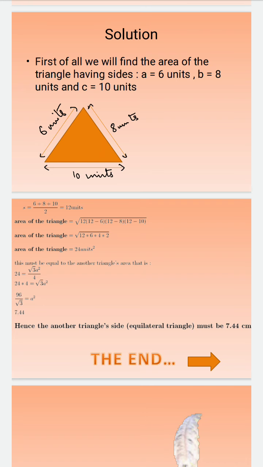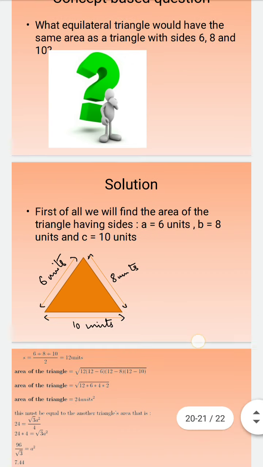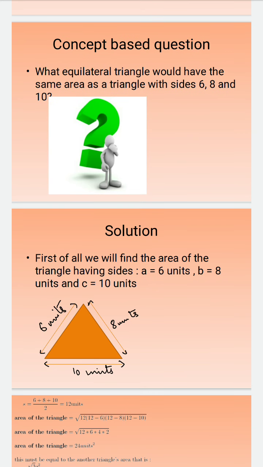So once again we revise the concept of Heron formula, what we have learned about it. The application of Heron formula is that if we are given a triangle in which the corresponding height is not known, and the triangle is not equilateral or isosceles, then we use Heron formula to find its area.